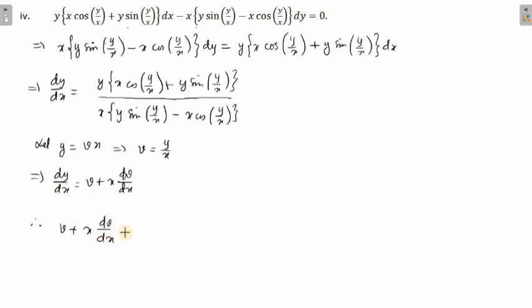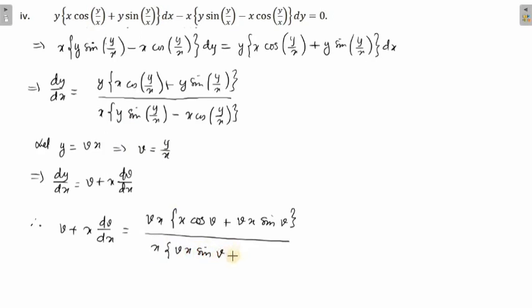Is equal to y. What is y actually? y is vx. So y is vx. So x cos y by x is v plus y is vx sin, we have v by, we have x, y is vx, so sin y by x is v minus x cos v. That's what we will have in the denominator.